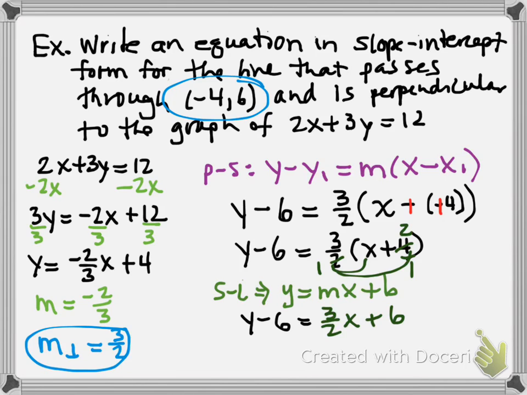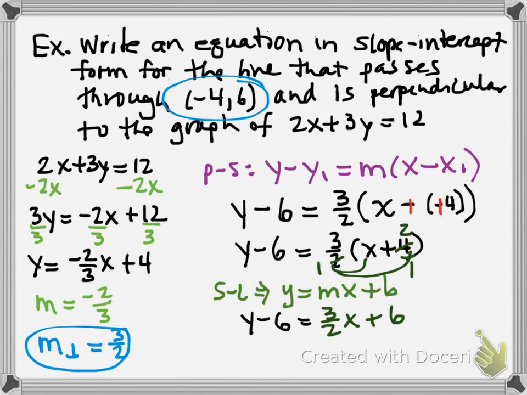If you're struggling with distribution with fractions, then eliminate the fractions before you distribute by multiplying the entire equation by the denominator. Then solve it, and you'll most likely get fractions in the answer. That's okay. But if that's your downfall, take an alternate route. Okay.